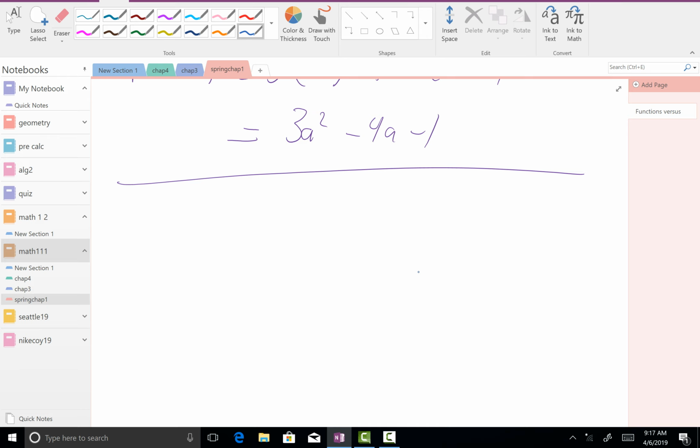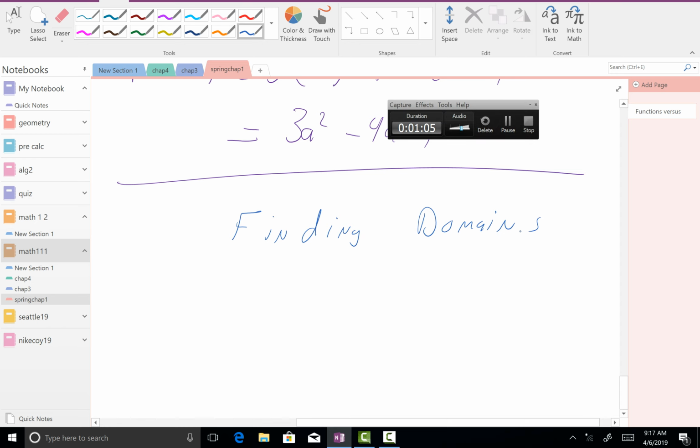So let's do this. Let's look at finding domains from a graph. To do that, we're going to go back into Desmos again. What I have found is that this poses issues for most people.